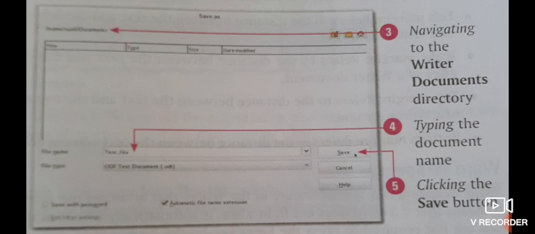In that case we find the file with the extension name, that which document file this is. Now this is how we save a document. First we click on File menu, then click on Save as option. When we click on Save as option, Save as dialog box will open. Here we select the location where we want to save our work. After that type the name of the file in the file name box and click on Save button.